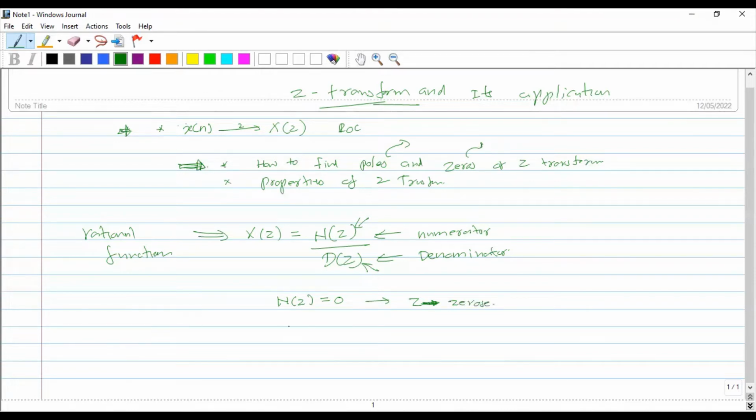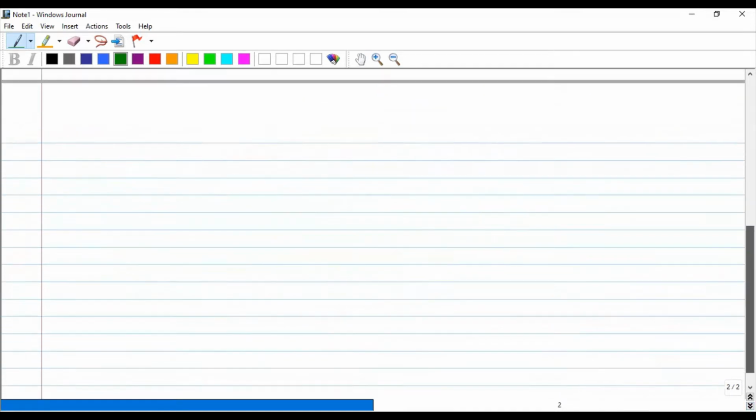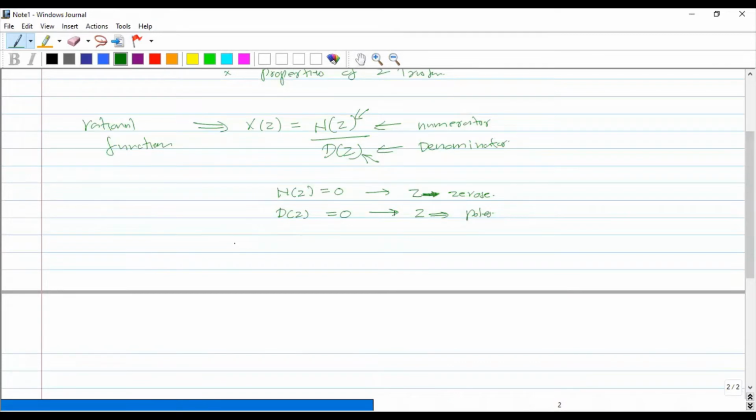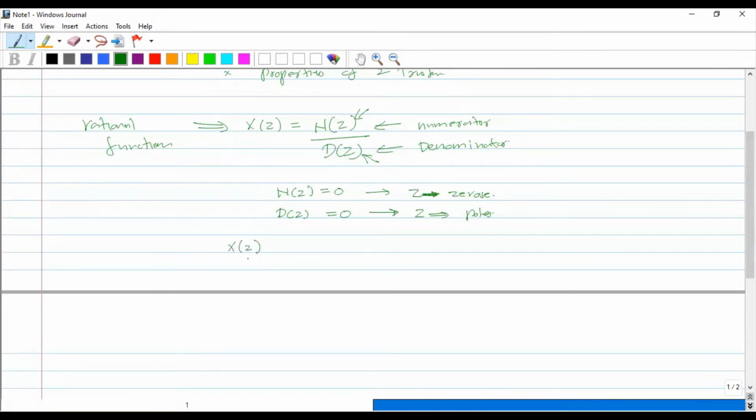In other words, if we have a z transform that is a rational function, and we set the numerator to 0, that means our z transform is limiting to 0.